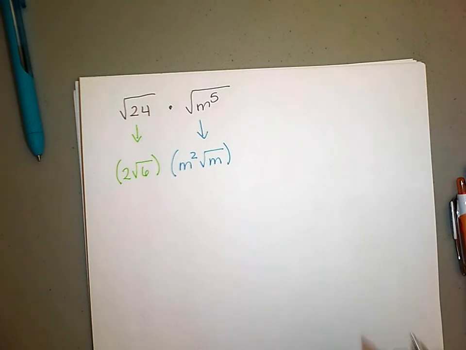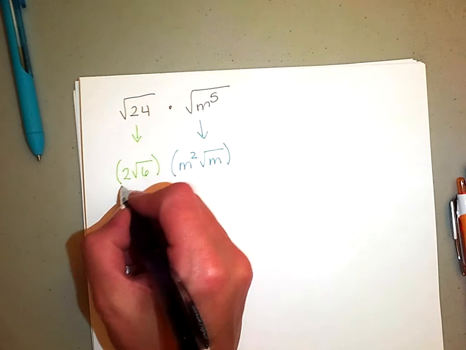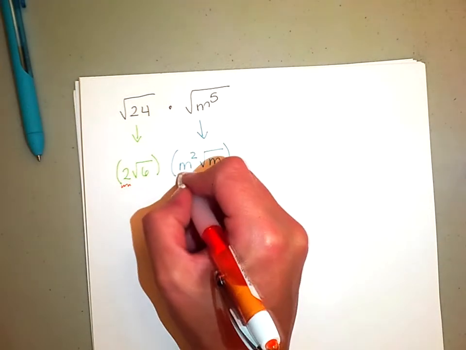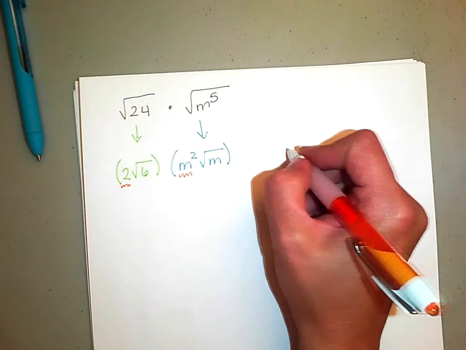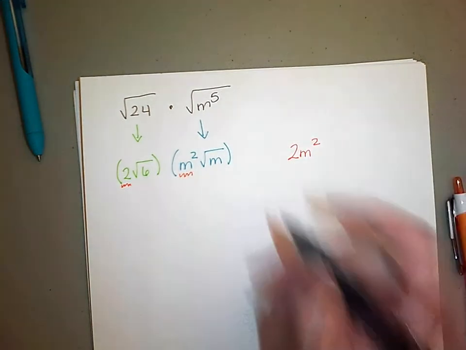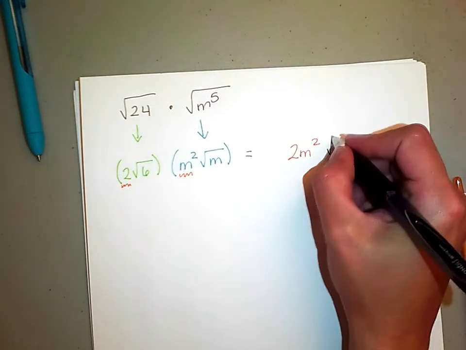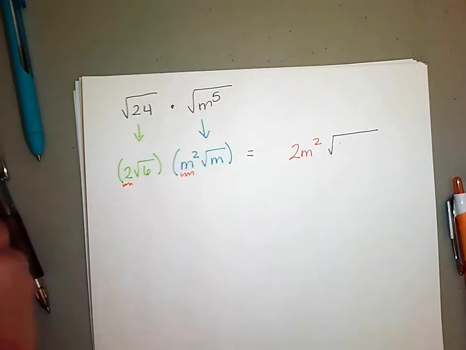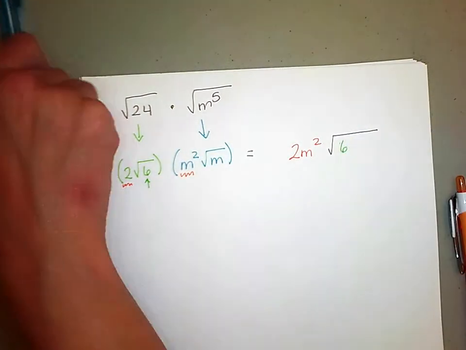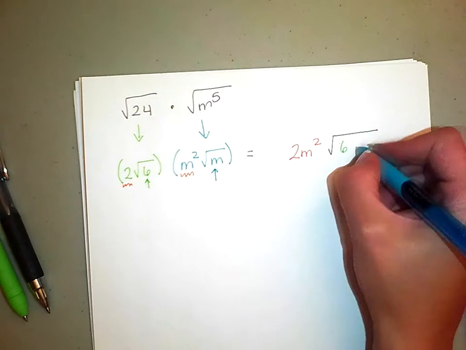And now we can finish multiplying. Everything on the outside can be multiplied together. So 2 times m squared is 2m squared. And then everything under the radical, here the 6, and under this radical, get multiplied together.